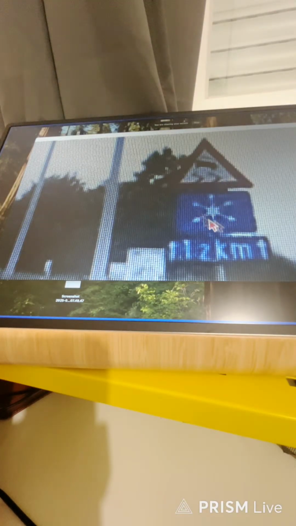But in the middle here, you can see there is verglas, the risk of ice or snow. You can see that it's blue here. Can we see it? Yes. And under it there is a number, 1.2 kilometer.